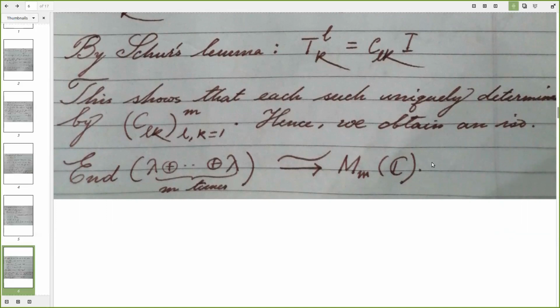As I said, I leave the detailed verification to you. Recall that an isomorphism between algebras is a bijective map which is a ring homomorphism and a linear map as well. This is a routine verification.